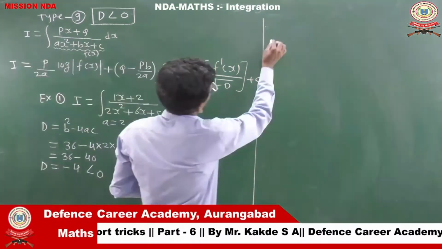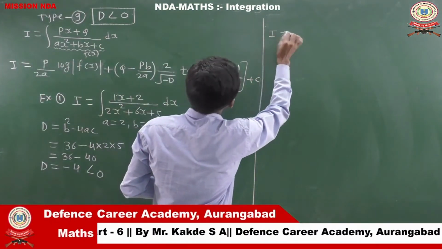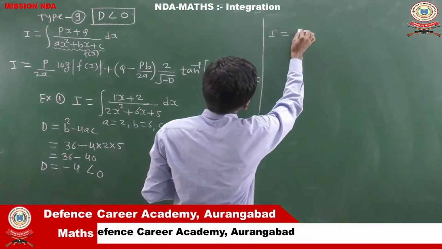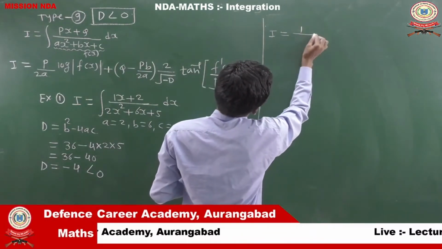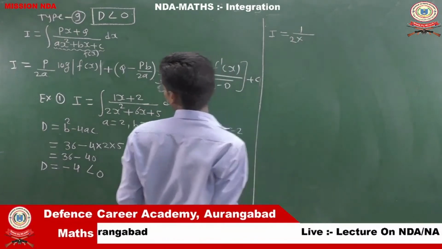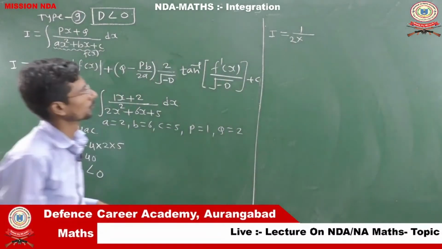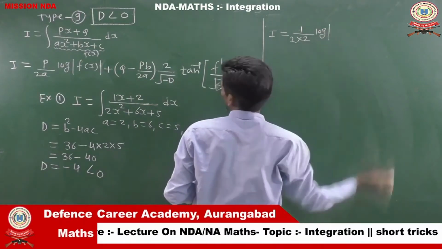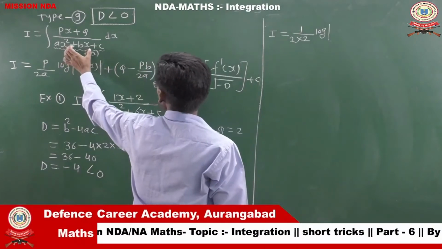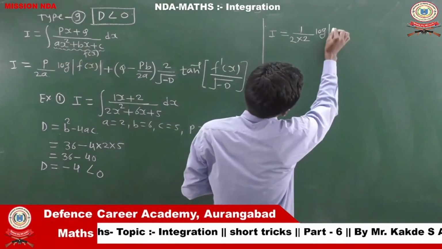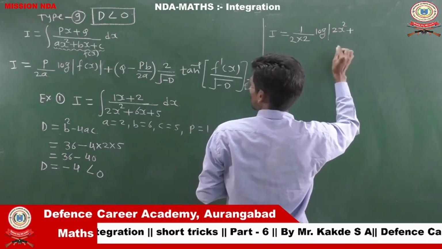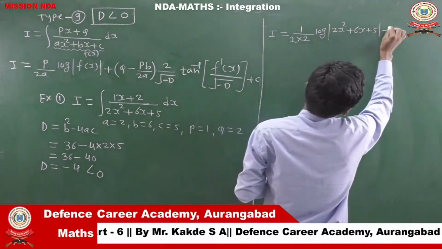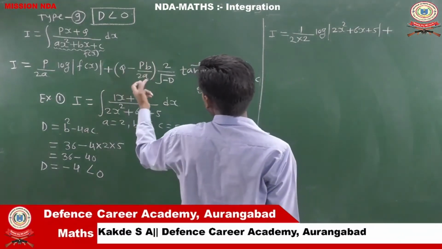So now by using these short tricks, p अपॉन 2a, p का वैल्यू यहाँ पे कितना है 1, सो 1 अपॉन 2 इंटू वैल्यू ऑफ a इज 2, 2 into 2 into log of mod of f of x means that is quadratic factor 2x square plus 6x plus 5 plus q minus pb upon 2a.